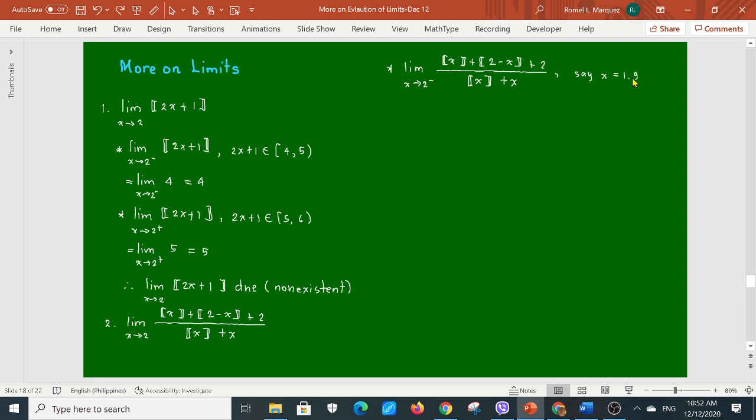Let's try to evaluate the greatest integer. So we have 1.9. What is the greatest integer of 1.9?